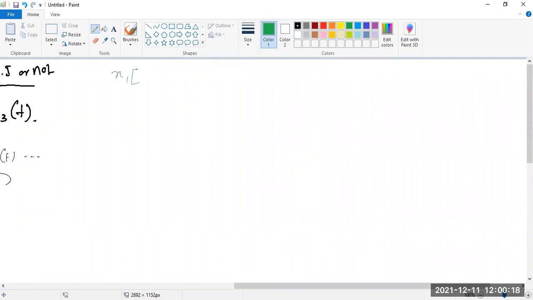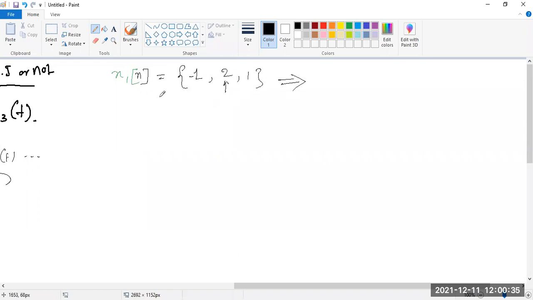So this is your x1[n]. You can see it is given as 1, -1, 2, 1.